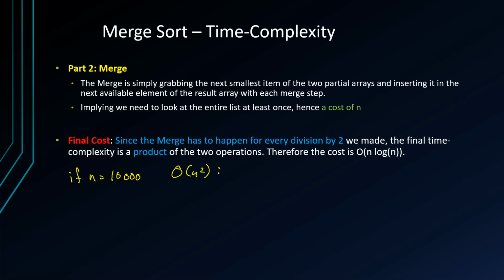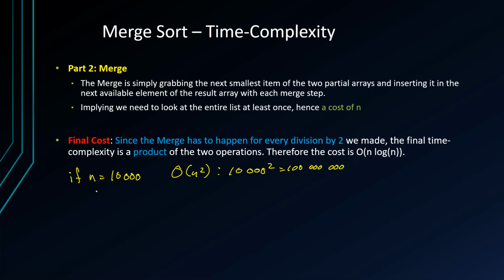So their cost is equal to 10,000 squared. I believe that's 100 million. Yes, this comes out to be 100 million. So in order to sort 10,000 items, it takes 100 million operations. Oh my goodness.